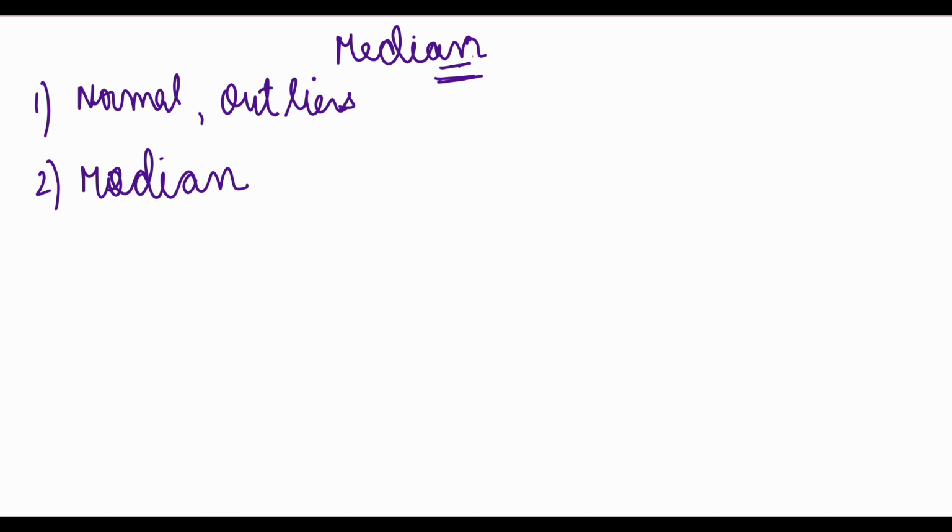So why do we use median, for example? Let's take an example. Let us say there is a class which has five students, student 1, 2, 3, 4, 5, and a sixth student is also there.